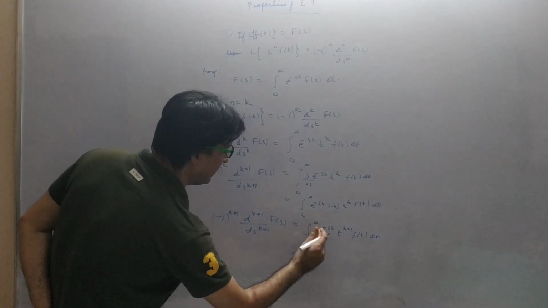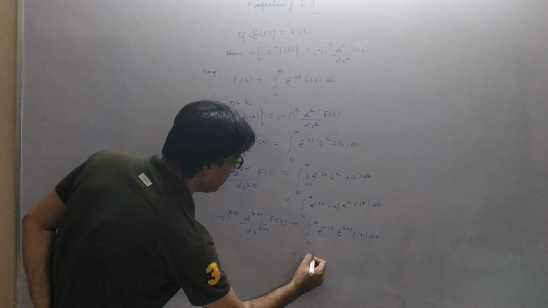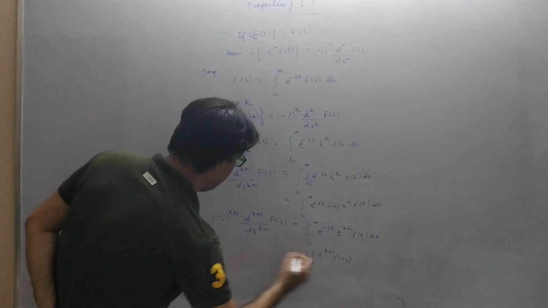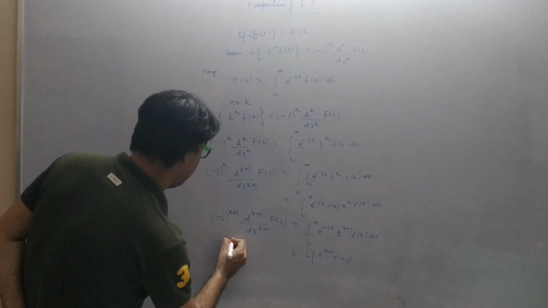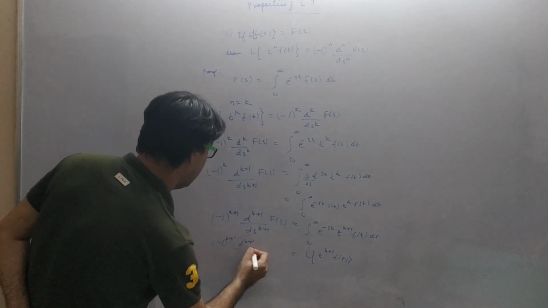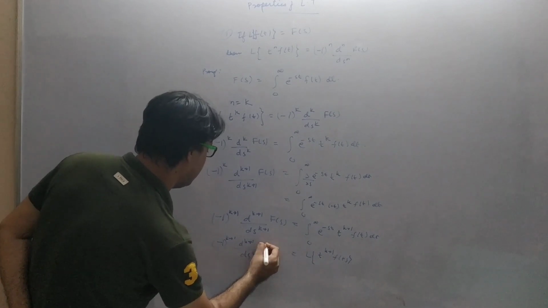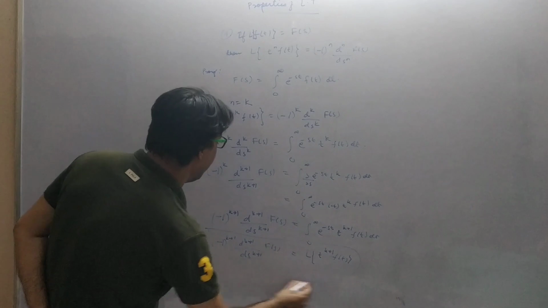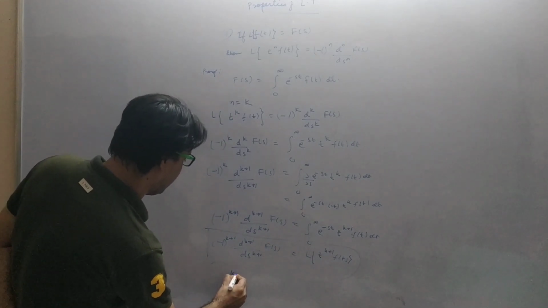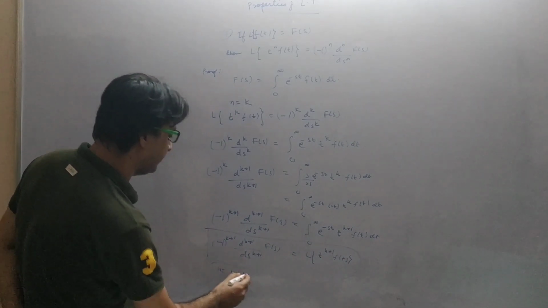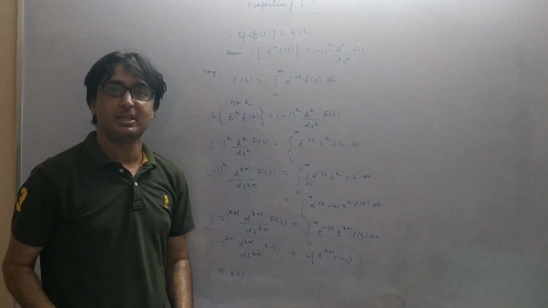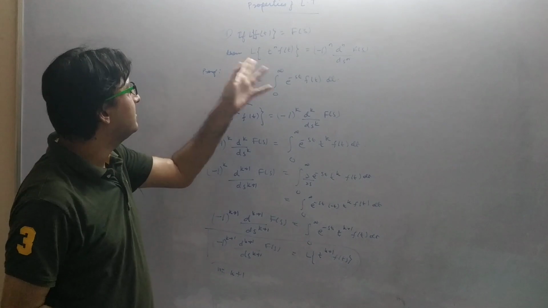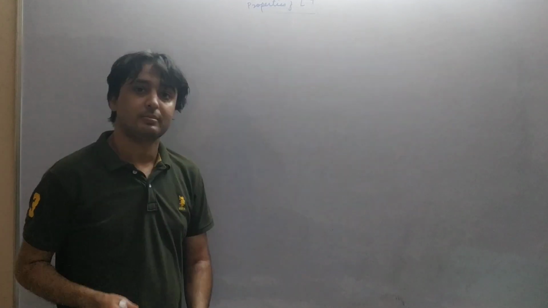So this is our claim, and we can write it as Laplace transform of t^(k+1) f(t) is equal to (minus 1)^(k+1) d^(k+1) by ds^(k+1) F(s). Alright, so we are seeing for n is equal to k plus 1, it is also true. So hence by mathematical induction we can say that we have derived this property.